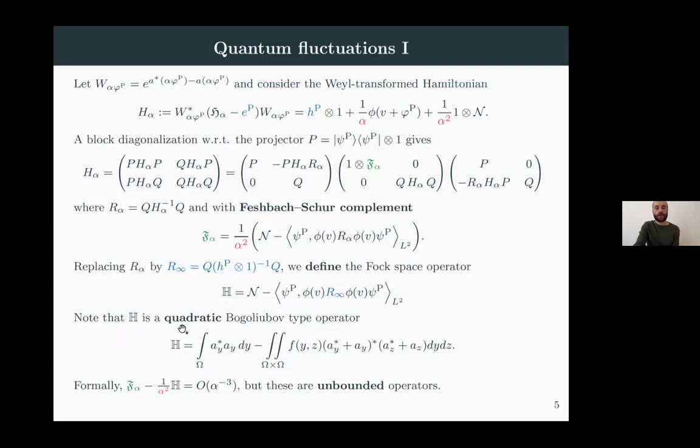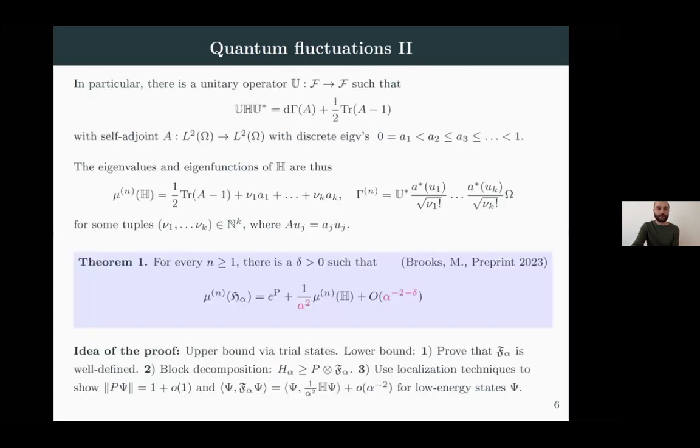And now using the fact that this is a quadratic operator, we can, of course, study its spectrum very explicitly. So in particular, one can find a unitary operator, a so-called Bogoliubov transformation, that relates the operator H to the second quantization of an explicit one-body operator A. And here it turns out that the spectrum of this one-body operator A consists of discrete eigenvalues between 0 and 1 that accumulate at 1.